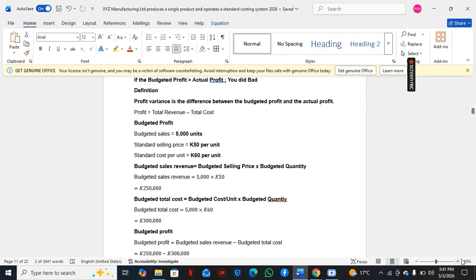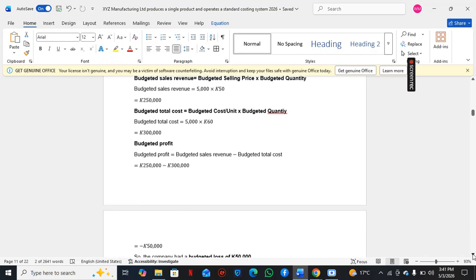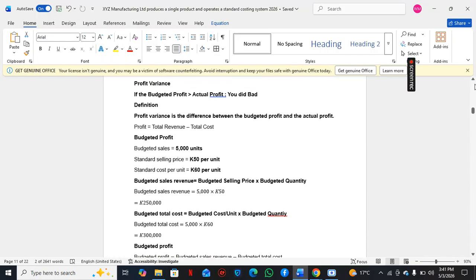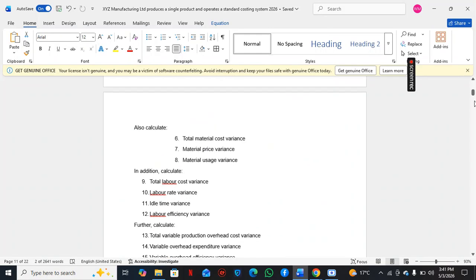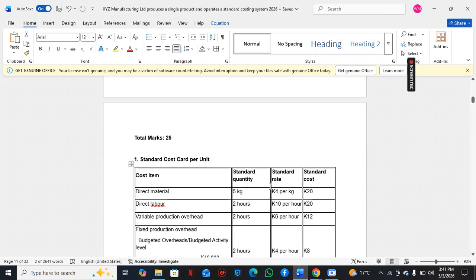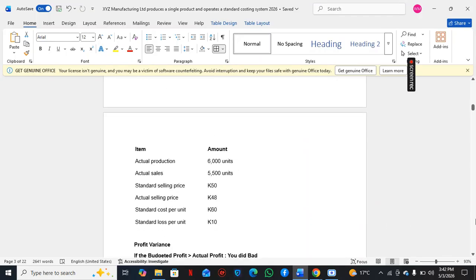It is how many units produced multiplied by our budgeted usage, basically. Here's our cost card. For each unit, we're supposed to use 5 kg. Each unit was supposed to use 5 kg, and we produced 6,000 units. So 6,000 units times 5 kg, we were supposed to use 30,000 kg of materials.